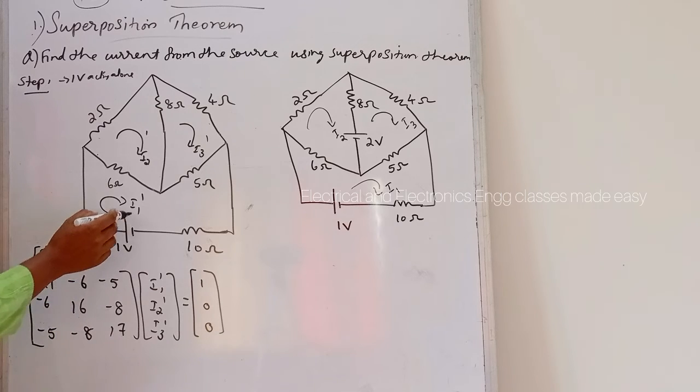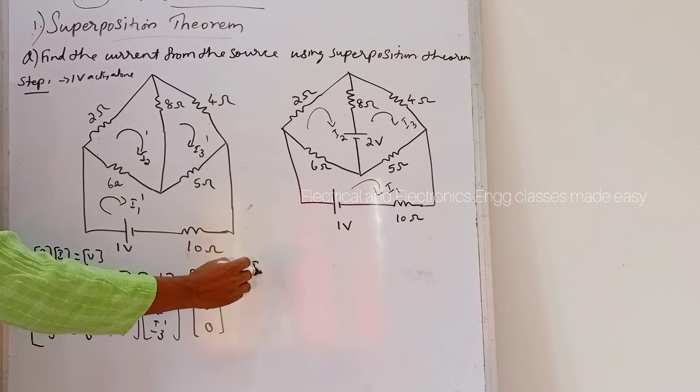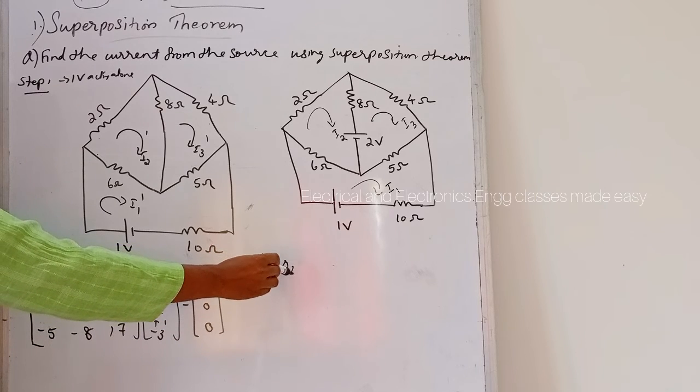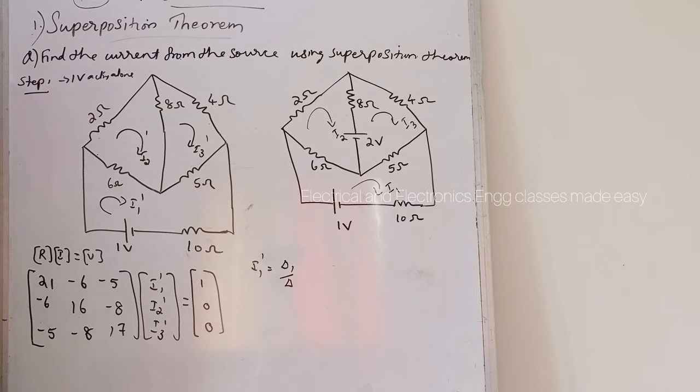Now we can find the value of I1 dash, that is I1 dash is equal to delta 1 divided by delta. Now we can find the values of delta 1 and delta.